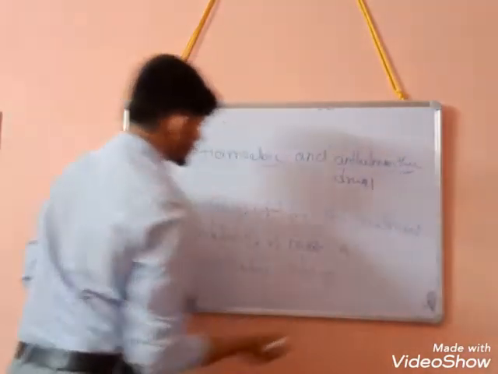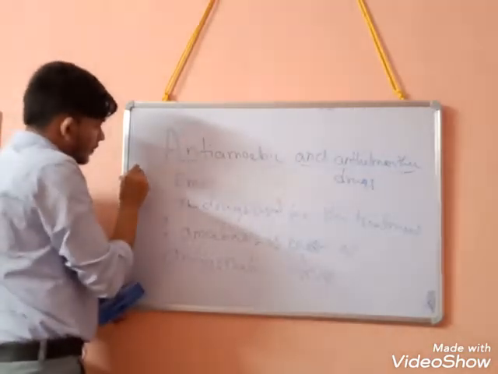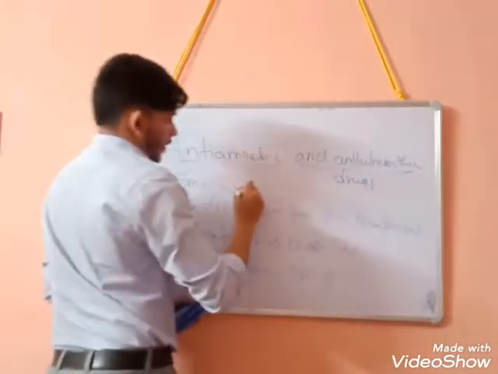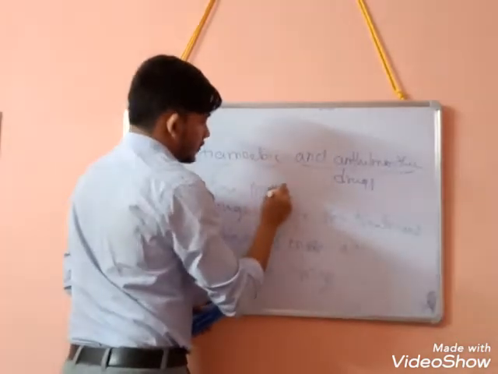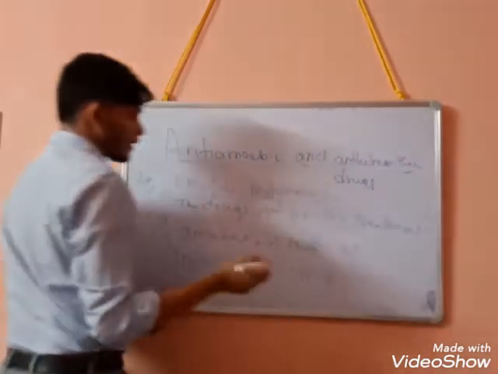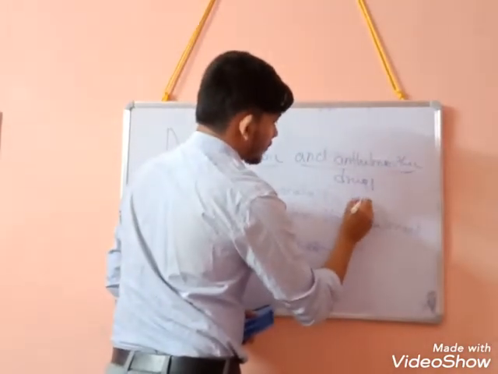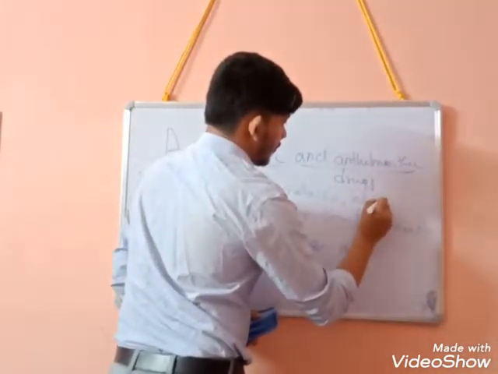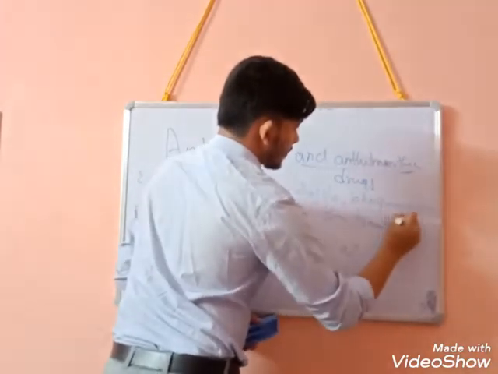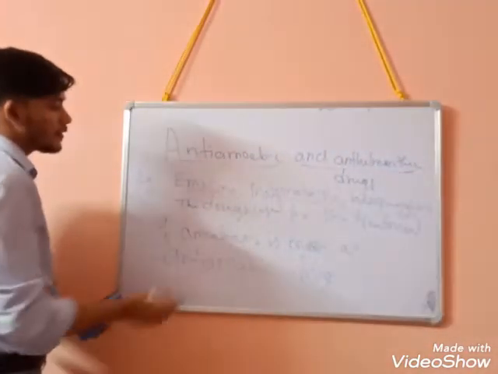Examples of these drugs are emetine, then metronidazole, which is commonly available in the market, then iodoquinochlor, etc. Some other drugs are also there.